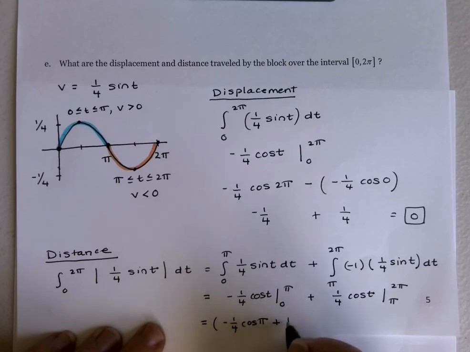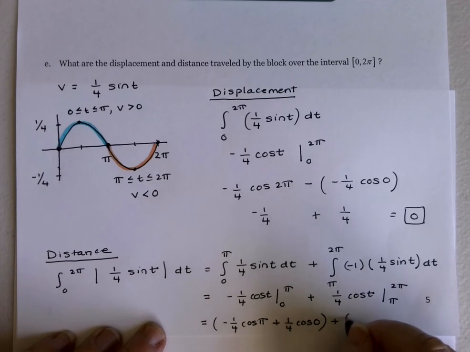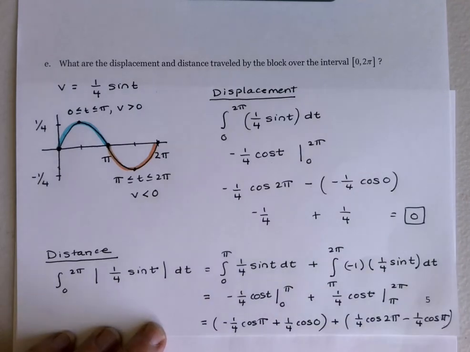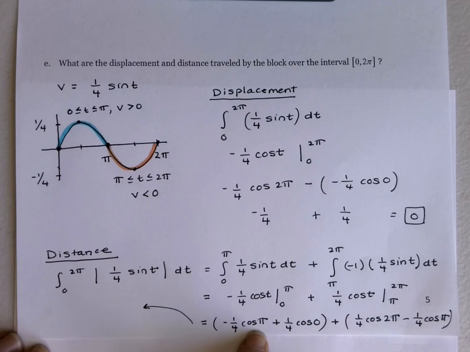Subtract a negative would be plus a fourth cosine 0, plus 1/4 cos 2 pi, minus 1/4 cos pi. And cosine of pi is -1, so that's positive a fourth.